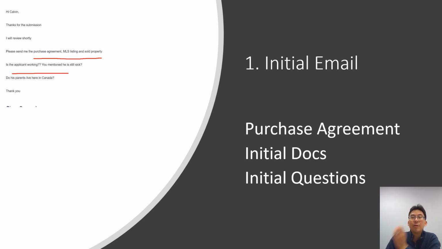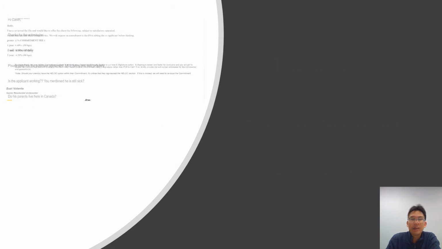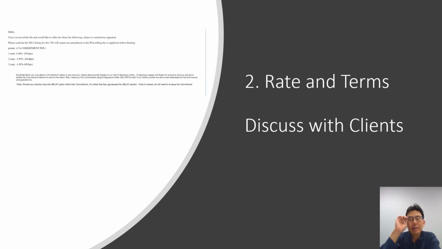So the underwriter would look at it briefly, and usually ask you for the purchase agreement and some of the initial documents that they want to see, as well as any very initial questions that they want to ask. Once you answer those questions and email them the purchase agreement and all, they look at the deal, they like the deal, and they would usually send you the rate and terms.